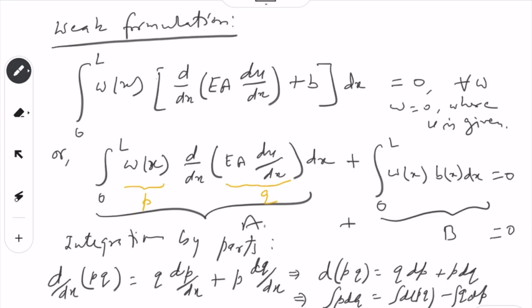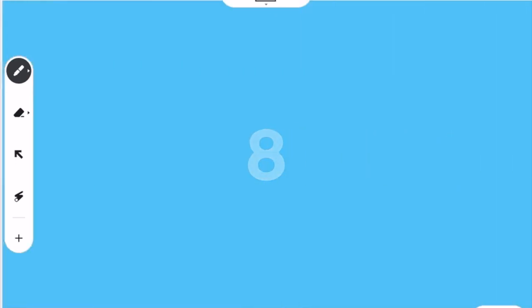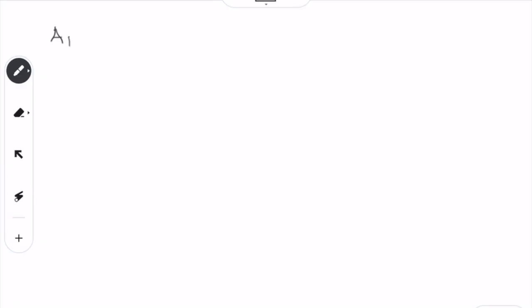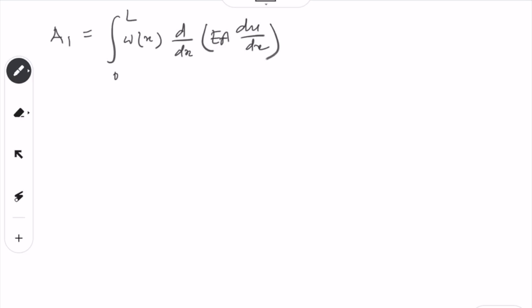So, we will write a1 equal to integral 0 to L of w x d over dx of E A du over dx, dx, which is equal, by integration by parts, to the following.